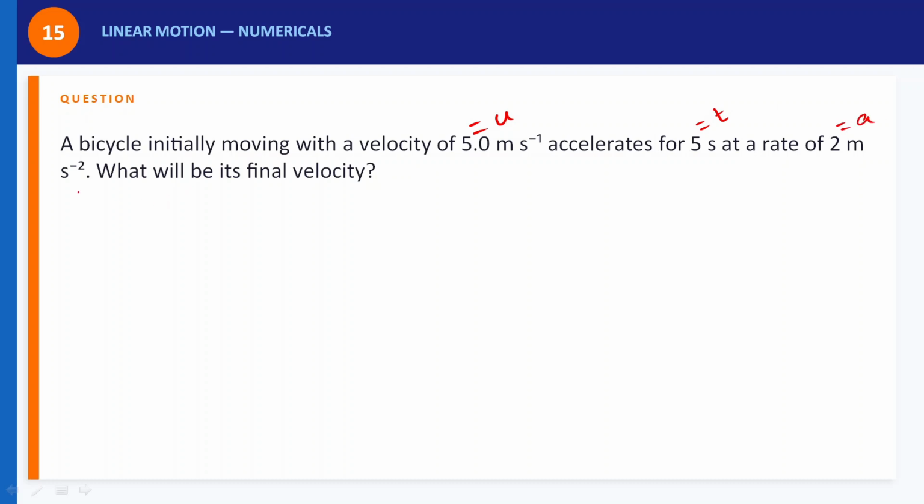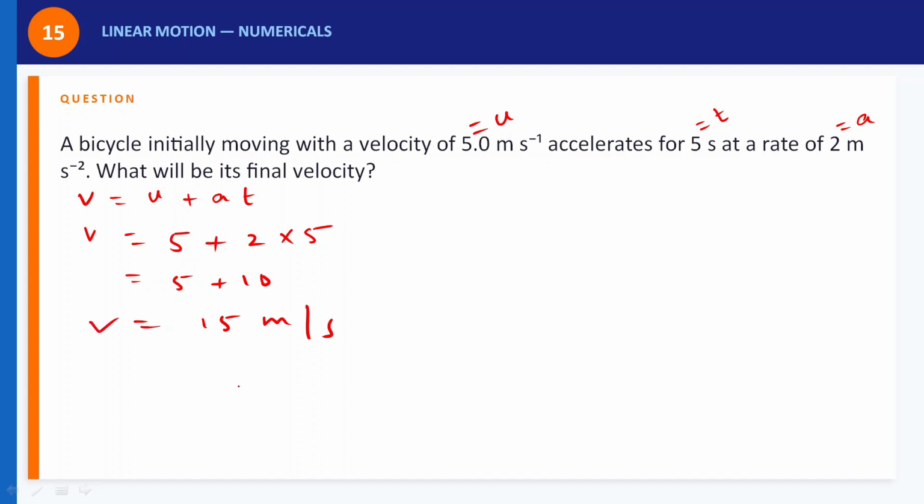Same formula once again, v equal to u plus at. v equals 5 plus 2, since it accelerates and does not decelerate, I did not take a negative sign. Time is 5 seconds, so we get 5 plus 10 equals 15 meter per second. This is the velocity.